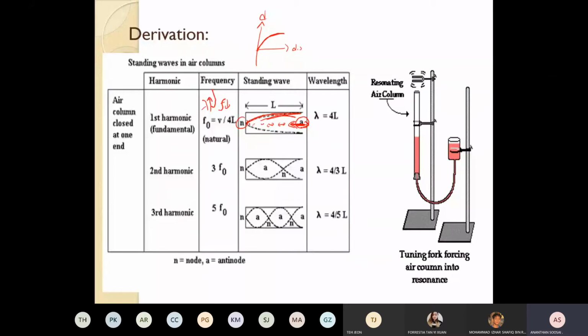Now tell me, from here to here, how many wavelengths is this? You see, from the center it goes up to the peak, then it comes down, then it goes another half cycle. So how many wavelengths is this? One quarter. Very good. This is a quarter wavelength.